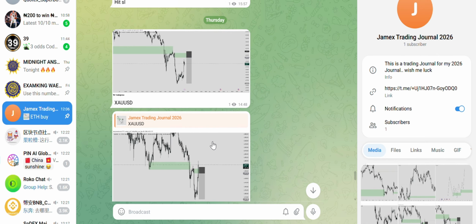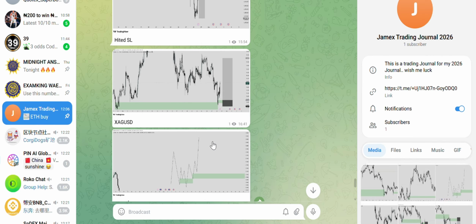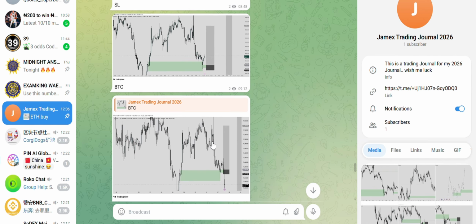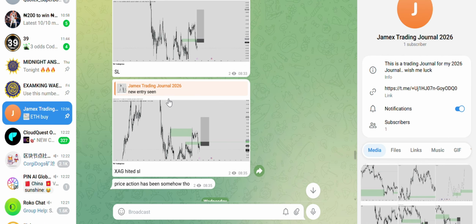I don't know what to even say. The recent trade I took on gold there. I was just studying, I didn't even take much trade.